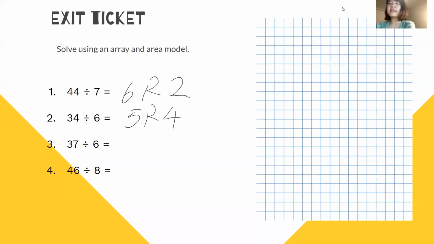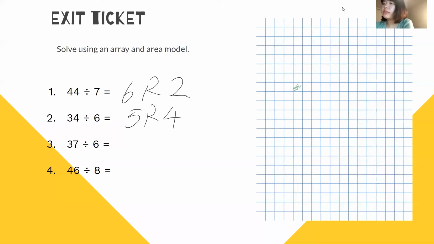Okay, and let's see the third question. 37 divided by 6. Okay, so same as the second question. We need 6 for each group. Let's see how many groups we can get to 37.